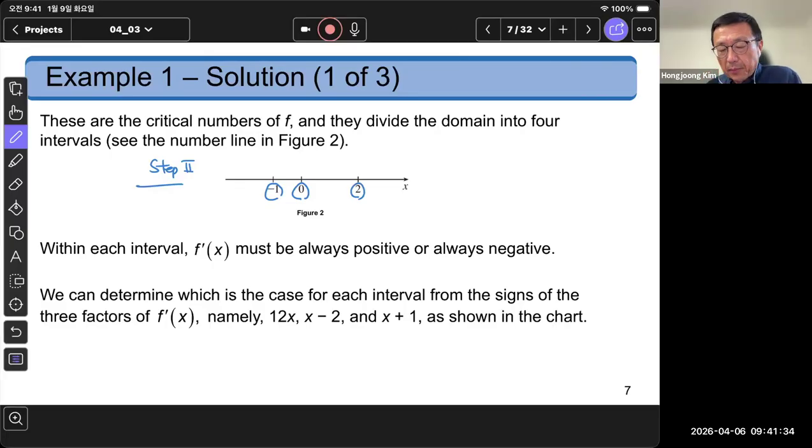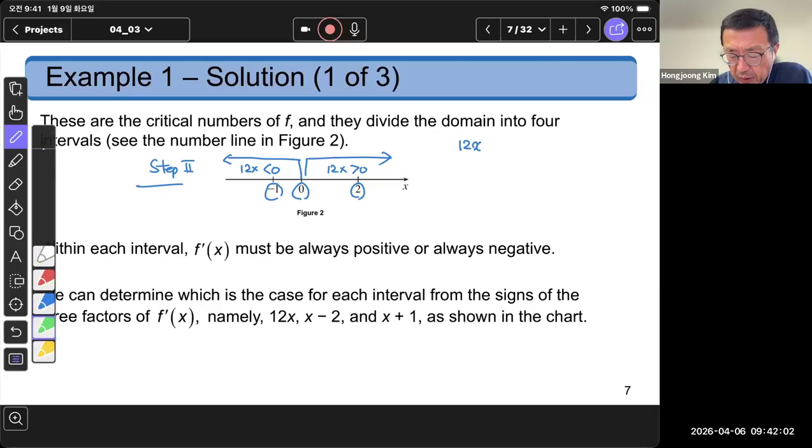And please remember that we have 12x. That 12x is negative to the left of 0 and positive to the right of 0.